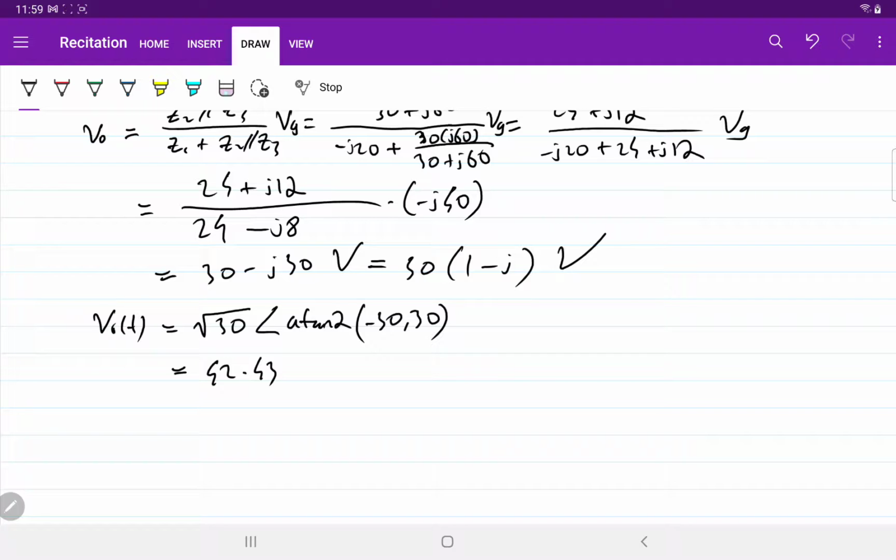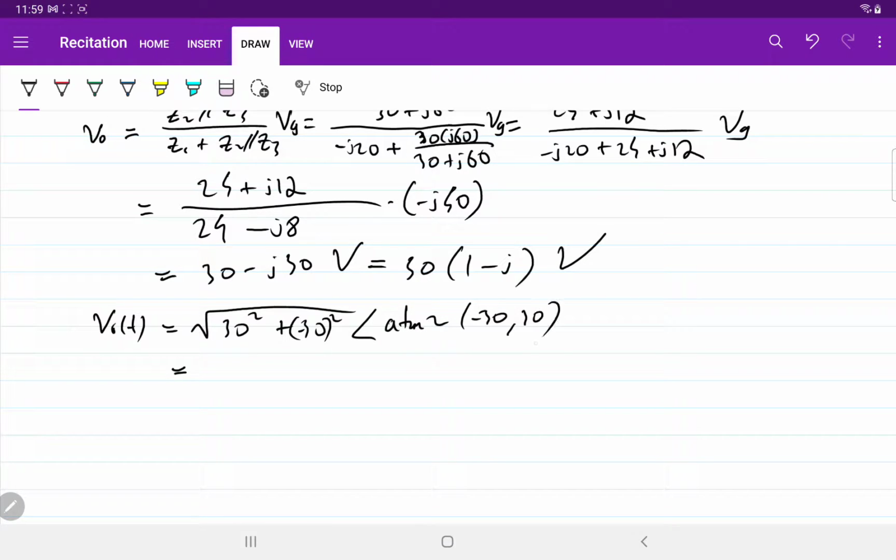Oh, sorry, I made a mistake, so it's not the square of 30, right? It's the square root of 30 squared plus minus 30 squared, and the angle is the same, atan2 of minus 30 comma 30.